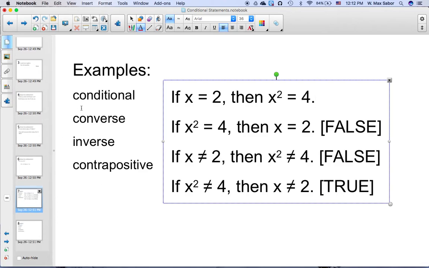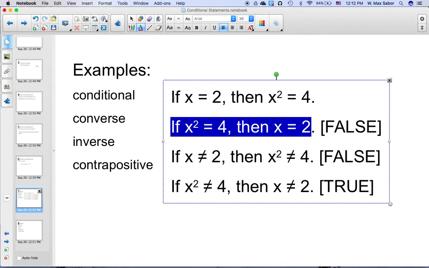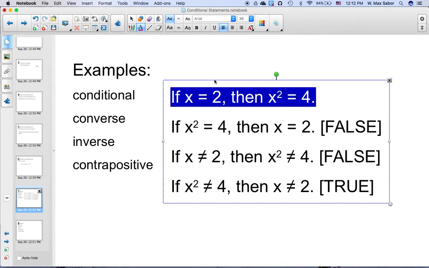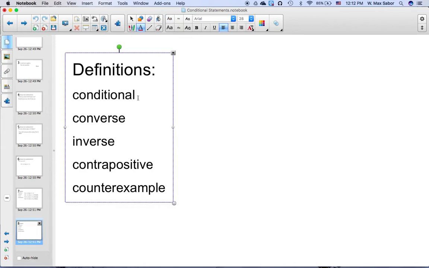You should know which one is which. Likely a question would be something like, which of these is the converse of if x equals 2, then x squared equals 4? So the definition of conditional: if-then.